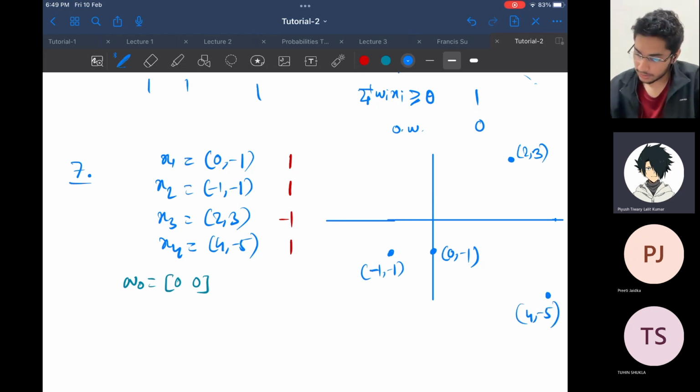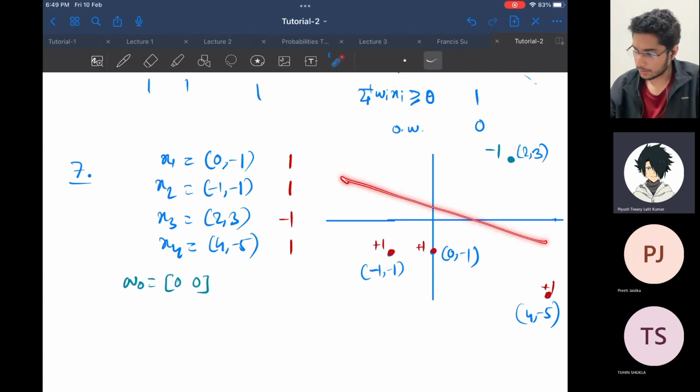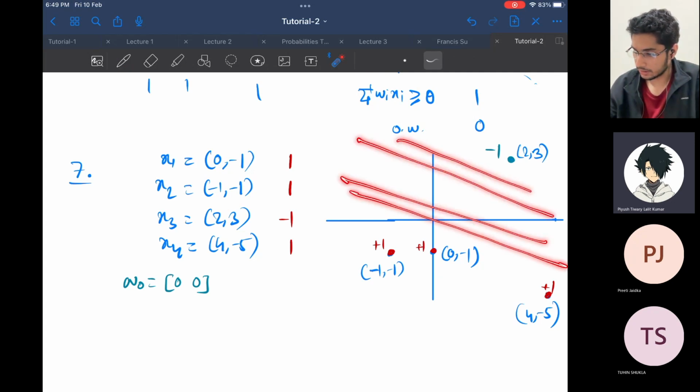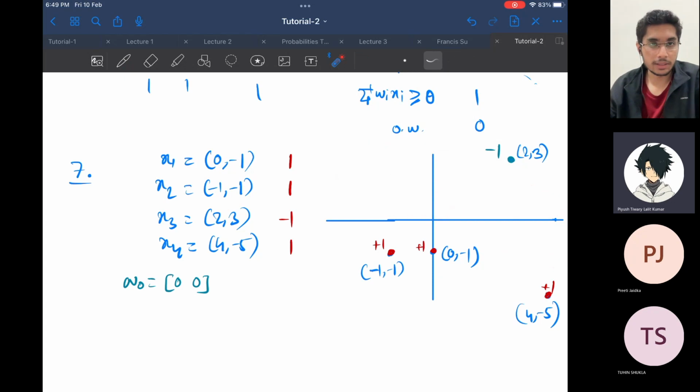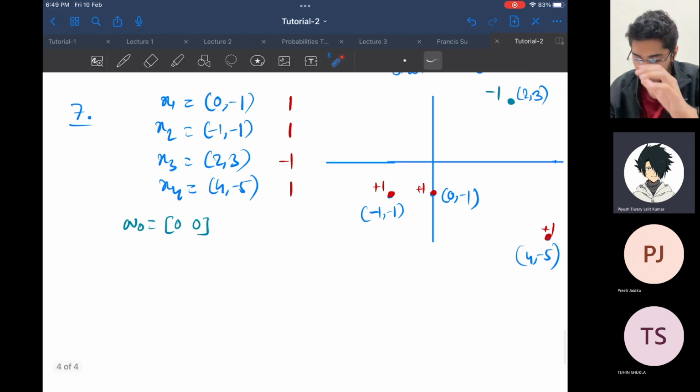Okay, so you have been given these points, and these three are assigned a value of plus 1, and this point which is here has been assigned minus 1. So you can see that there are several hyperplanes that can separate these points. Okay, so at least we are sure that it is good. All right.